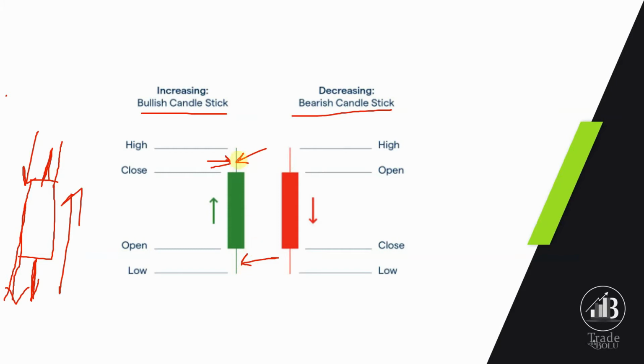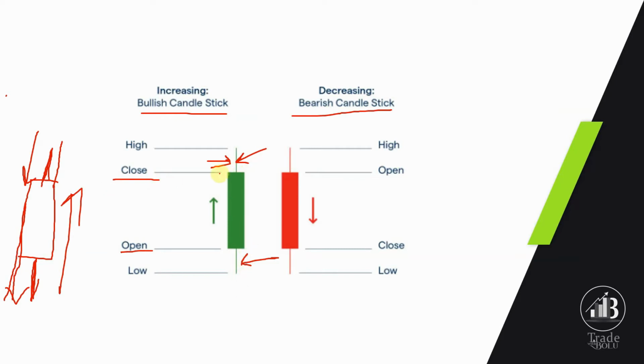The body of the candle is formed by the bears, the sellers, pushing the price all the way down here. But take note of the open of the candle. If it's on the 1 minute, it's going to take 1 minute for this candle to close. If it was on 4 hours, it's going to take 4 hours for the candle to close. So it opened here, sellers contended with the price and came all the way down here, then the buyers got in, and finally they were able to close the price at this particular point.